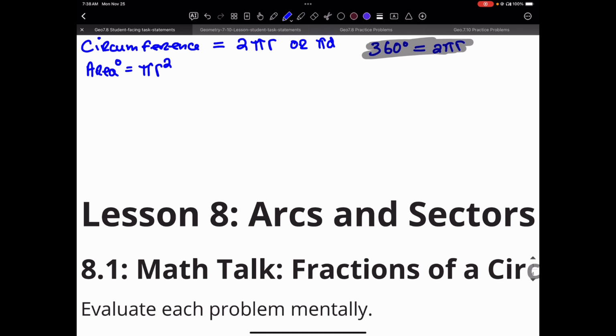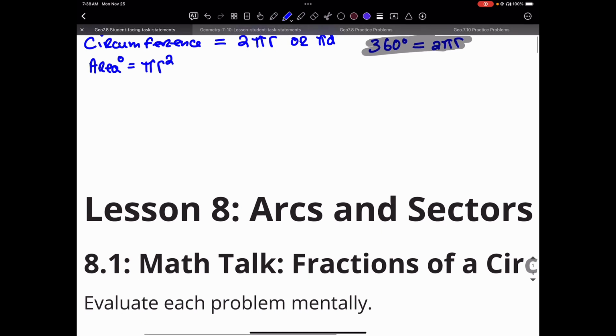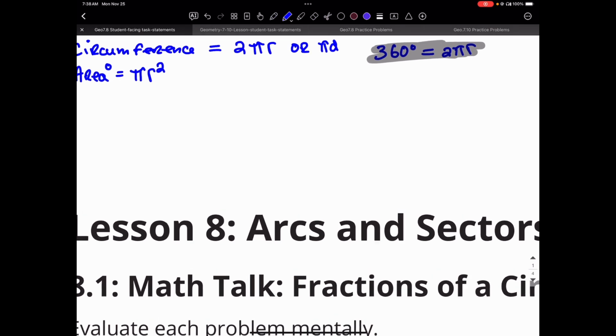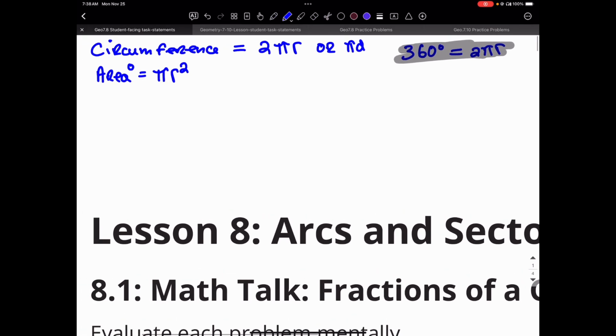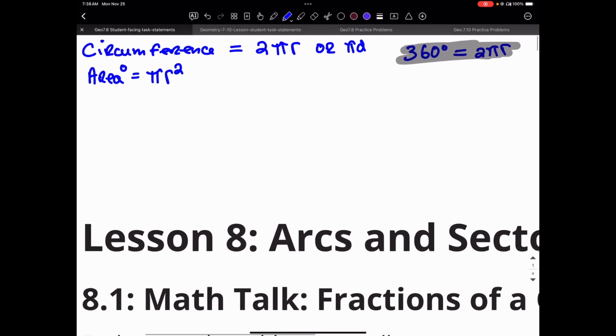So if you think about that in terms of the entire area of a circle, there's also going to be a relationship between the arc length or the angle measure, the central angle or inscribed angle, and the area of that circle. So just keep these things in mind when we're working on this lesson, okay?